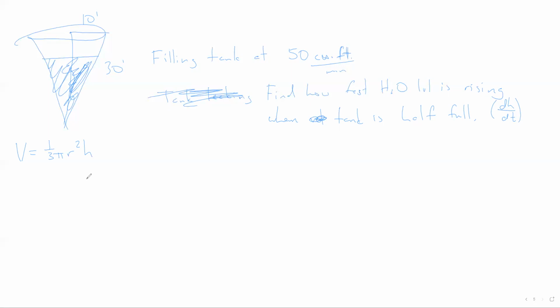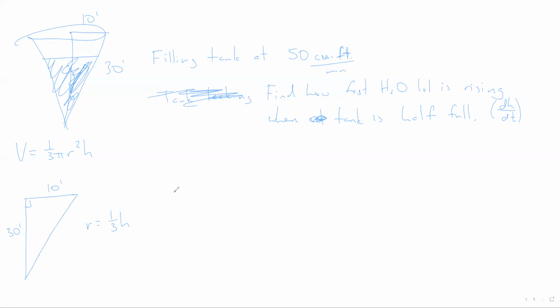Is there a way we can relate the radius of the water level to the height of the water? If I draw a triangle for this empty tank, I told you the empty tank was 30 feet tall and had a radius of 10 feet. So what does that mean about the way the height and the radius are related? Radius equals 1/3 of the height.